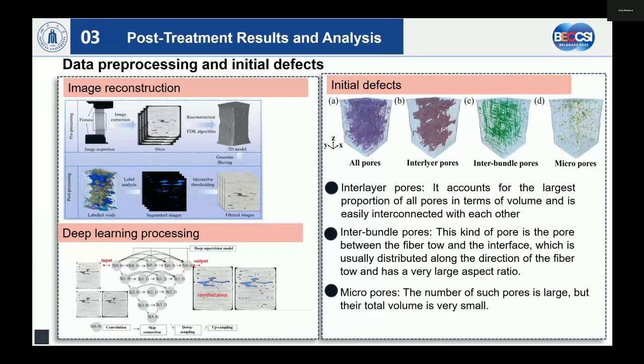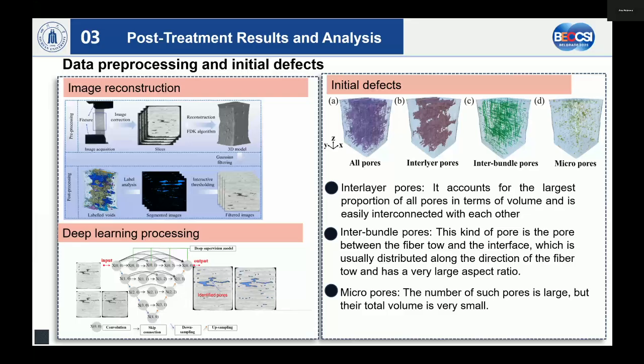We use image segmentation methods such as threshold segmentation and watershed segmentation, and deep learning techniques to assist in segmenting components that are not easy to separate, and then obtain different label images, which are the three-dimensional reconstructed images of each component.